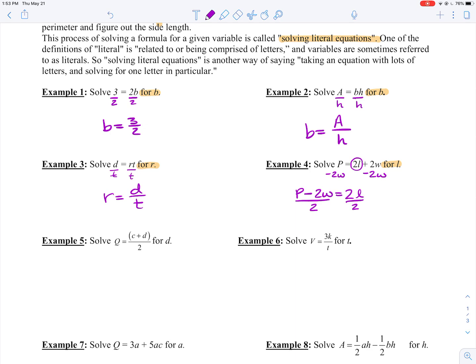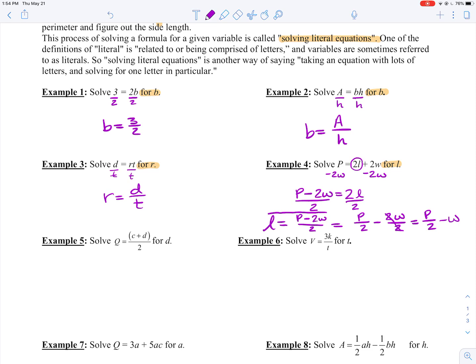So you can leave your answer as L equals big P minus 2W all over 2. Or if you like to rewrite it as P over 2 minus 2W over 2, and then simplify this one right here, you could rewrite it as P over 2 minus W.